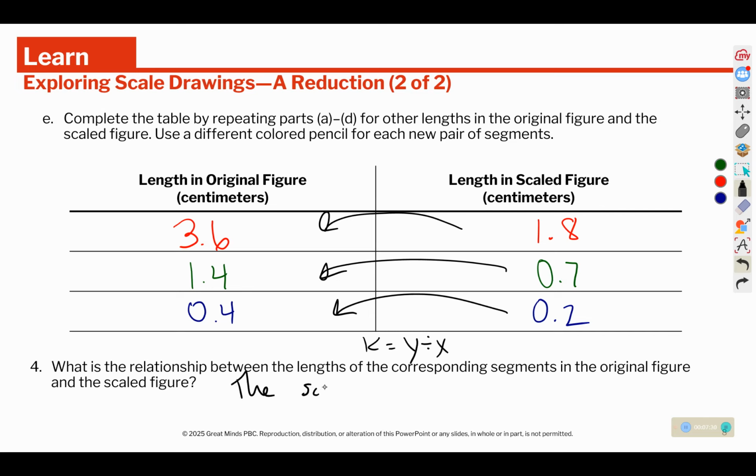So the scaled side lengths, or scaled length, are half the size of the original.